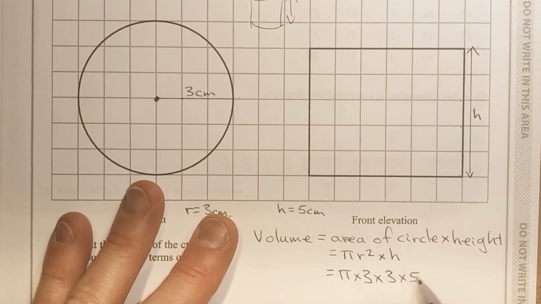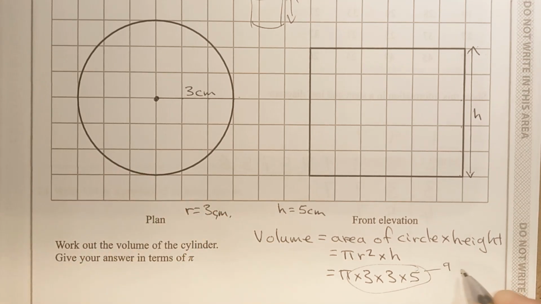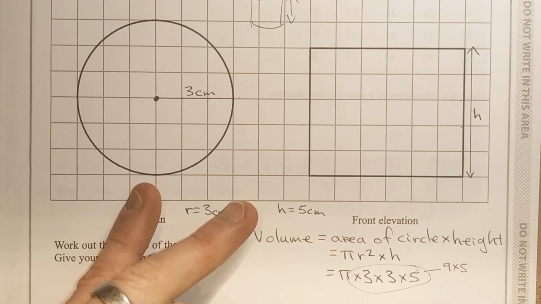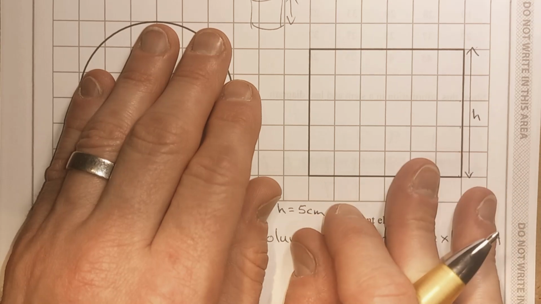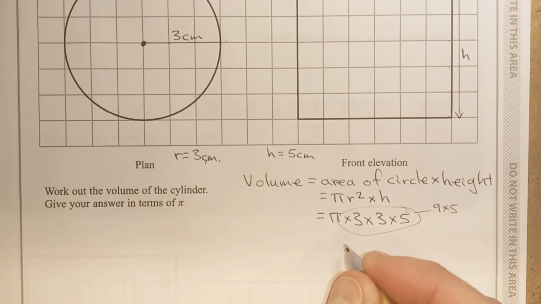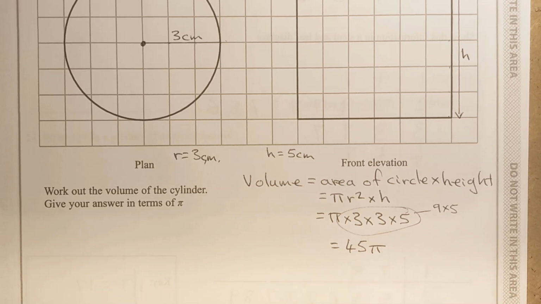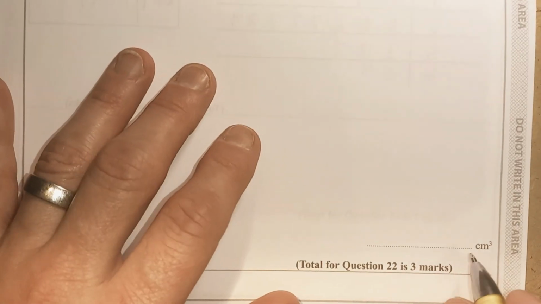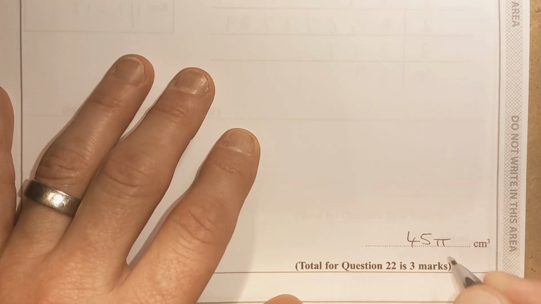Then 9 times 5, and 9 fives would be 5, 10, 15, 20, 25, 30, 35, 40, 45. So it's going to be 45 pi. We don't need to do anything with the pi because they've just said give your answer in terms of pi. And they've given us the units as well, centimetre cubed. And that's for 3 marks.